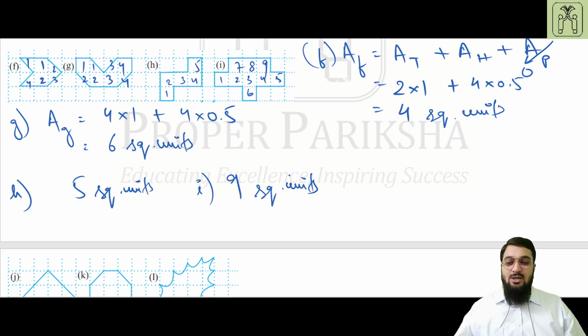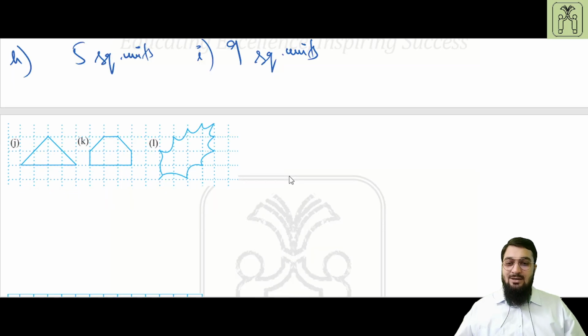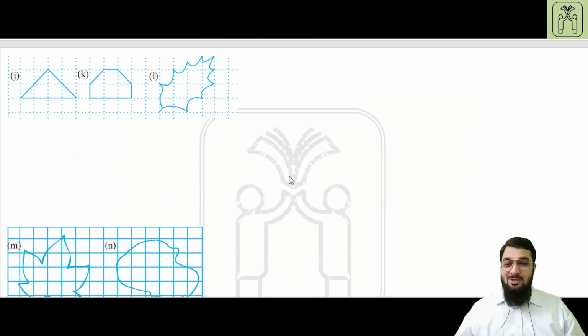Coming to the next parts, J, K and L. The L part will be a little bit difficult because this is a non-standard shape, but still we will try. Part J is 1, 2, so 2 into 1 plus 1, 2, 3 and 4.